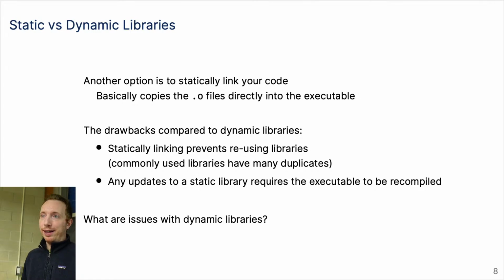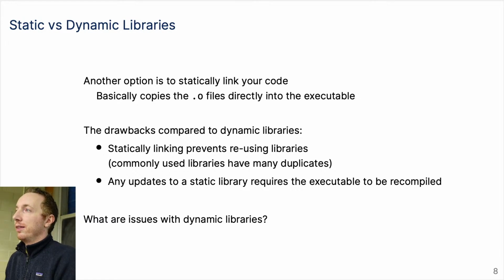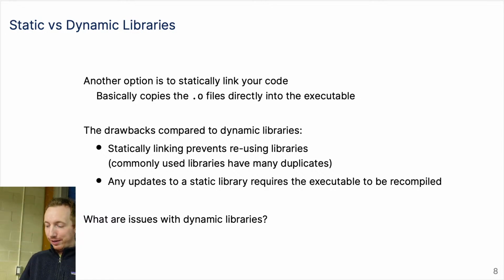So given that, what might some issues be if we use a dynamic library then? Yeah. So if the API of the dynamic library changes, it might screw up our thing that already works. So it might break our already running application.